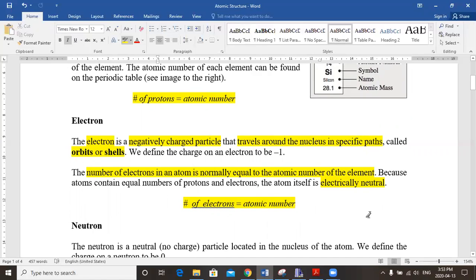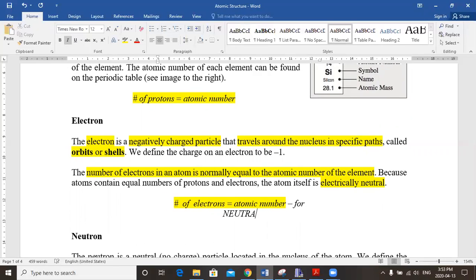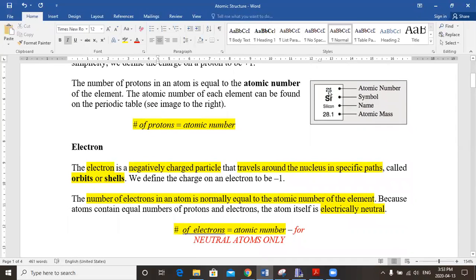And that's for neutral atoms only. So for example, up here for silicon, silicon is atomic number 14. Silicon is a neutral element, so it would have 14 protons as well as 14 electrons.